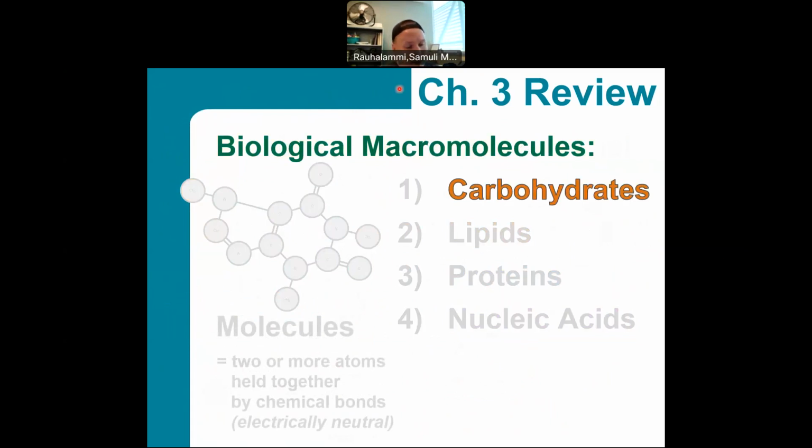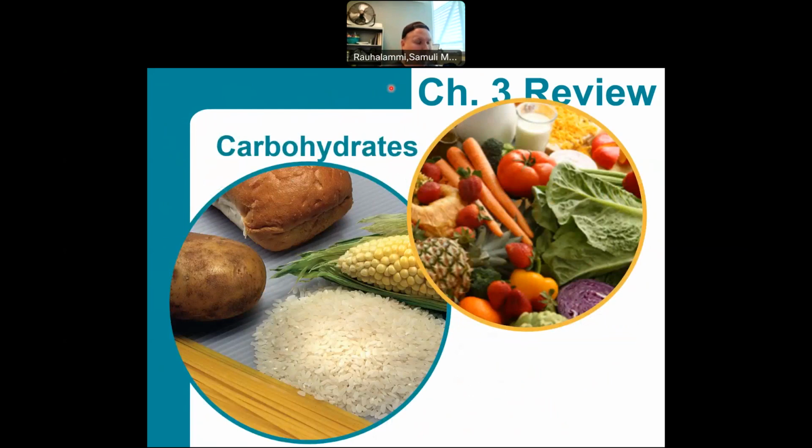When I talk about carbohydrates to my students and ask what carbohydrates are, students often come up with a really good list of things like bread and pasta, rice, corn, potatoes. Those all contain high amounts of carbohydrates. But remember, carbohydrates can also be other types that we get from diet, such as leafy green vegetables, which are a good source of carbs as well.